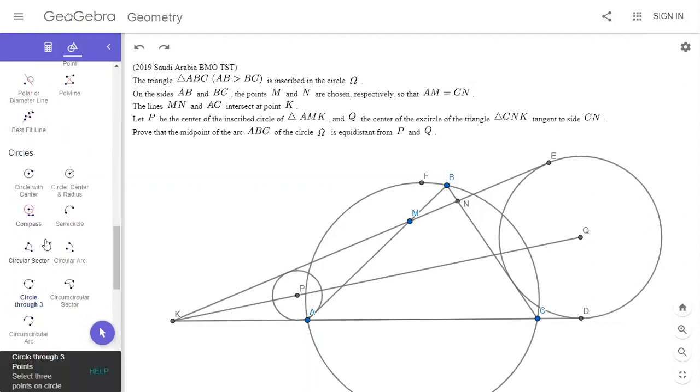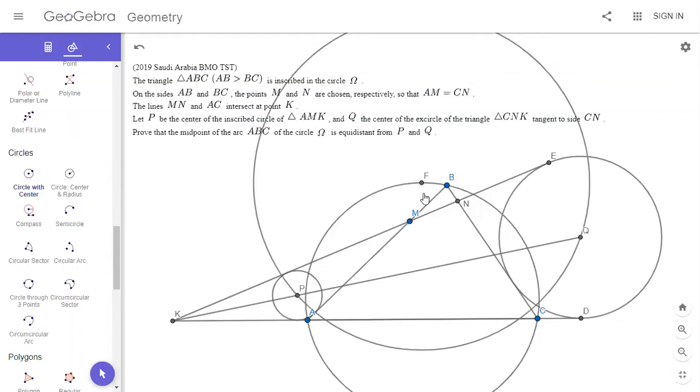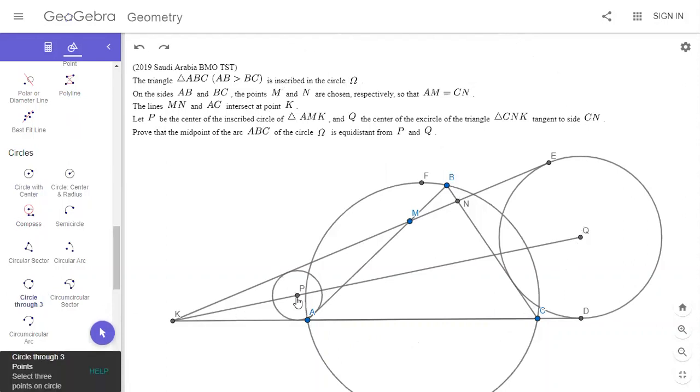Let me draw that circle in one more time. Maybe it's like that. Maybe we could use the incenter-excenter lemma somehow. So like maybe we have triangle PQ and another point, and F is like, yeah, what if I drew the circumcircle of PFQ?